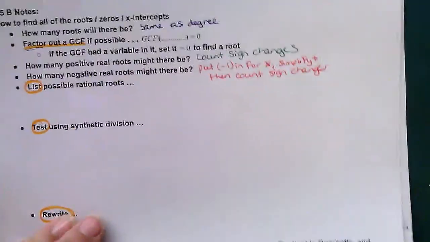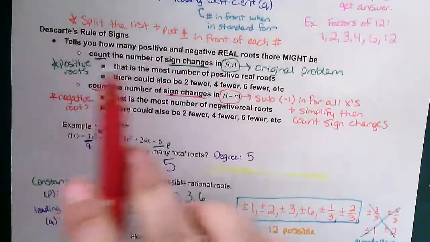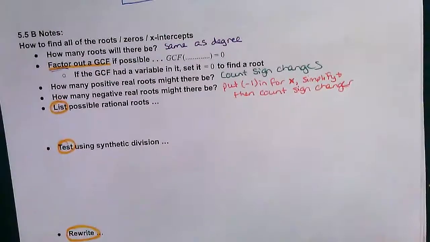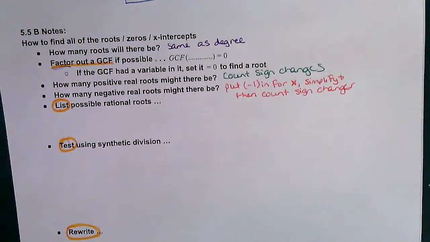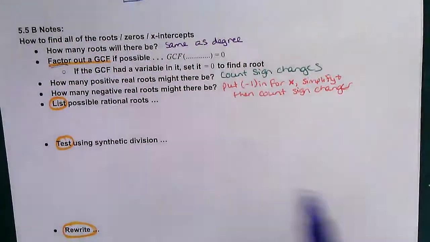And we went over how to do all of that over here. This is Descartes' rule of signs, so that's how we do all of that. And so that will tell us positive and negatives. Remember, you don't have to do that step, but it can simplify your list.